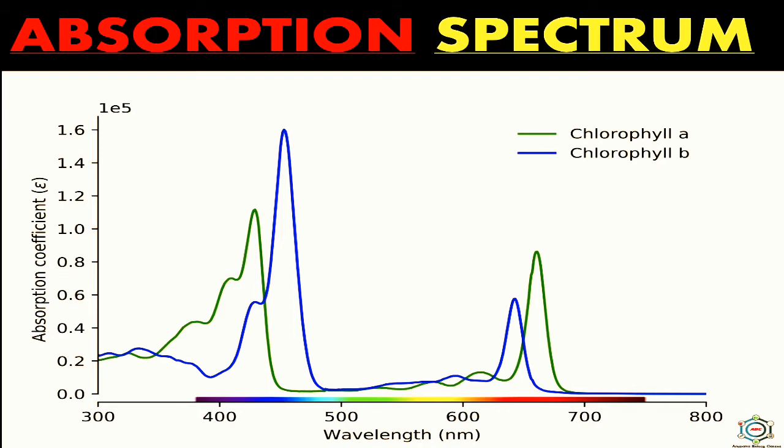The figure shows that these pigments absorb maximum in the blue and red regions of the visible light. The chlorophyll a molecules absorbing maximum at different wavelengths are often named after the wavelengths at which they absorb maximum, for example chlorophyll a 670, chlorophyll a 680, chlorophyll a 700, etc. So this is the absorption spectrum of chlorophyll a and chlorophyll b.